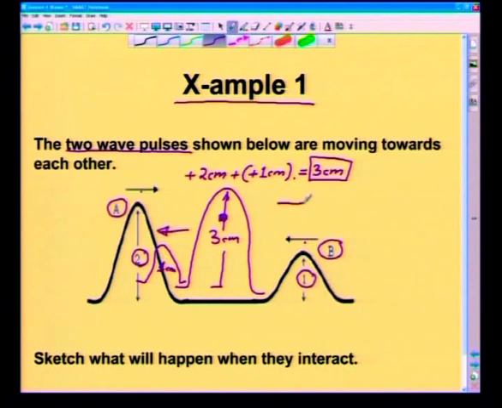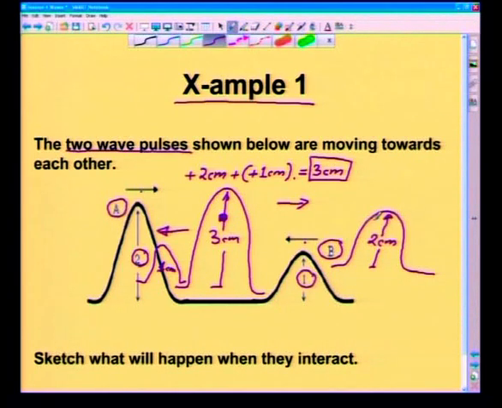This one will also, after that incident of them interfering with each other, continue in that direction, and then it will also go back to its initial amplitude of 2 centimeters.